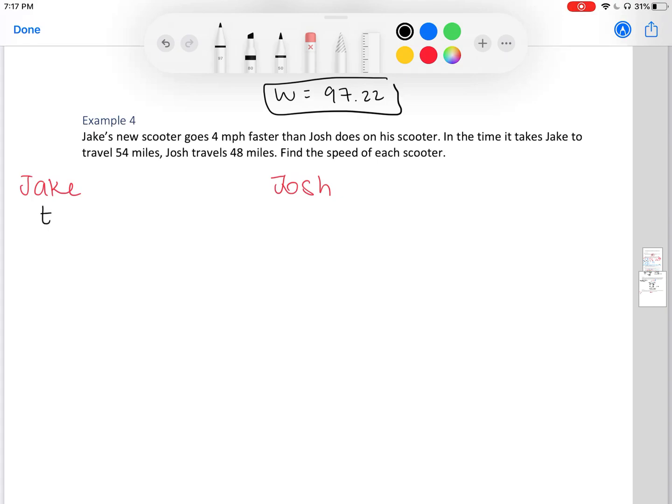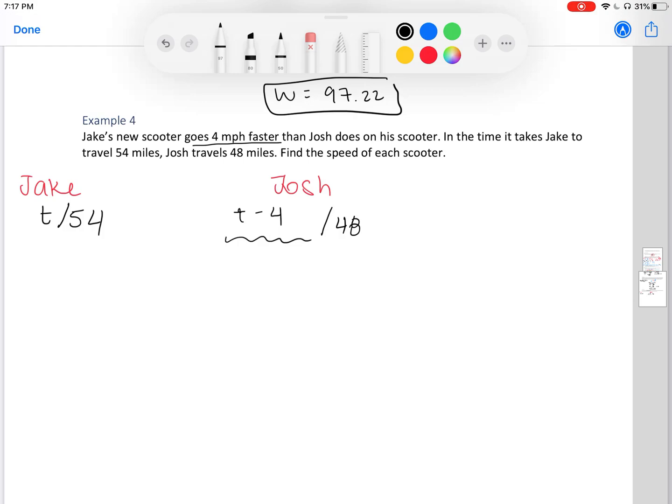If Jake is t and Jake's scooter goes 50 miles, Josh's scooter goes 48 miles, but how can we relate it in terms of our label, which is Jake? Jake is t. Well, we said that Jake's goes faster. So Josh doesn't go faster, it goes slower. So t minus 4.